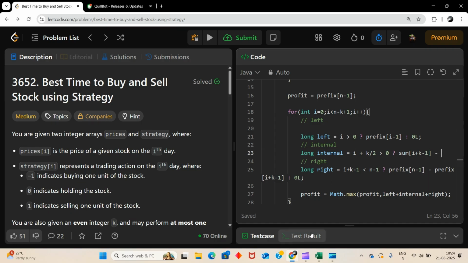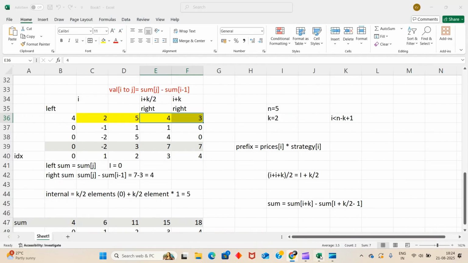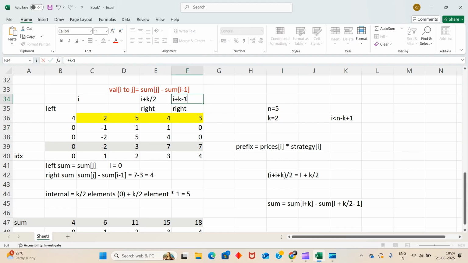Wait, somewhere I think, yeah, it should be minus 1. Why? Because if I calculate, i is 1, 1 plus 2 is 3, 3 minus 1 is 2. Sorry, from this to this. Yes, correct.